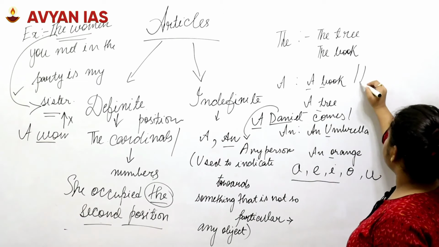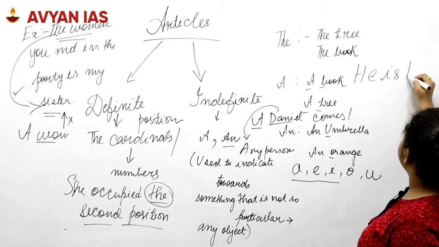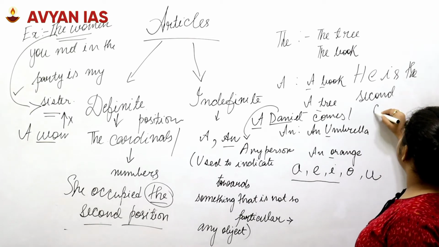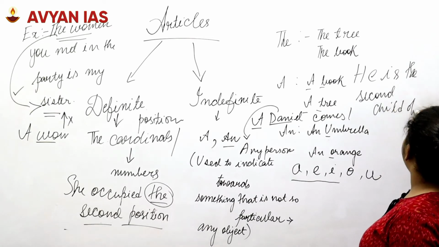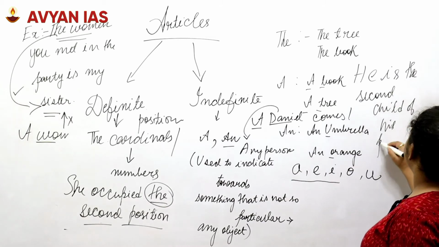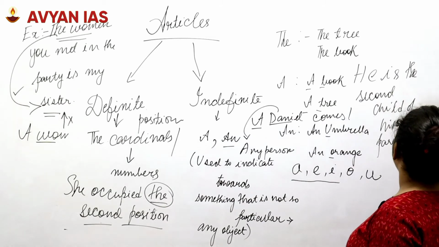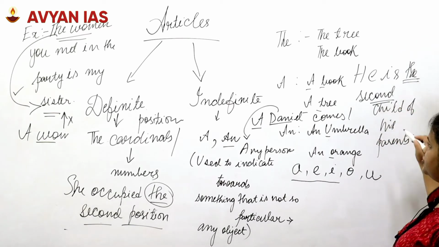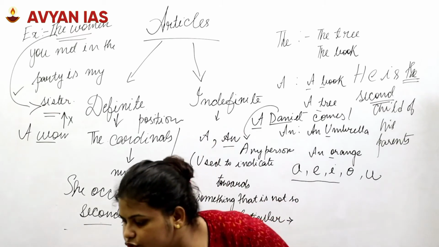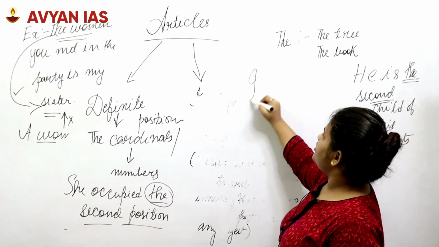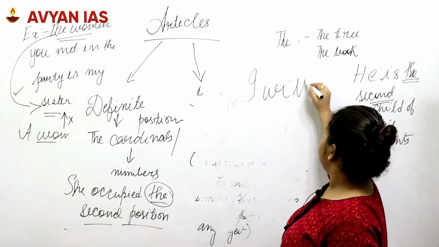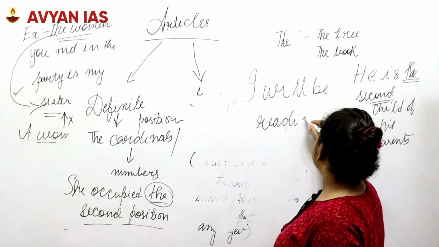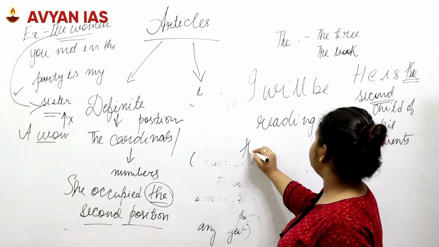Or he is the second child of his parents. Also we would be using the second child of his parents. Another instance could be I will be reading the second and third chapter.